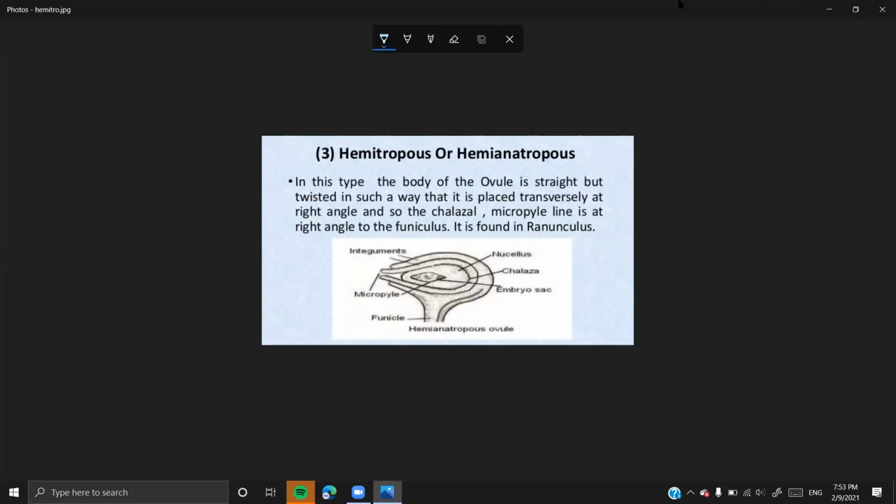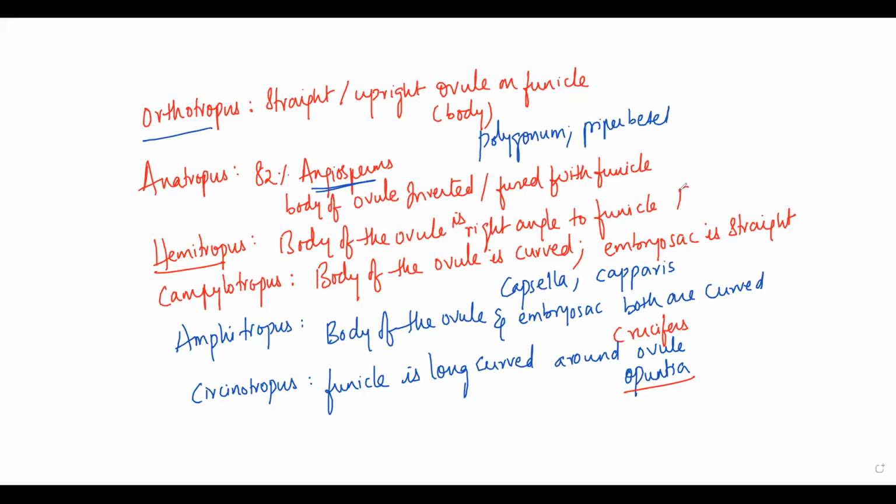That is going to be the example for that. I hope, children, let me write this for you on the whiteboard. So this is Ranunculus. So Polygonum, Piper betel here, the angiosperms here, Ranunculus here, Capsella, Capparis here, crucifers here, Opuntia here.